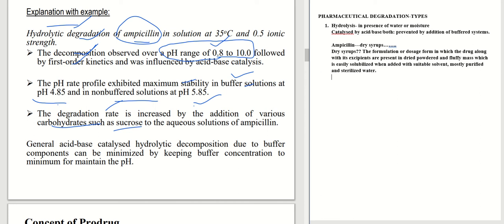So most of the drugs which are prone to hydrolytic degradation are formulated as a dried mass of powder.